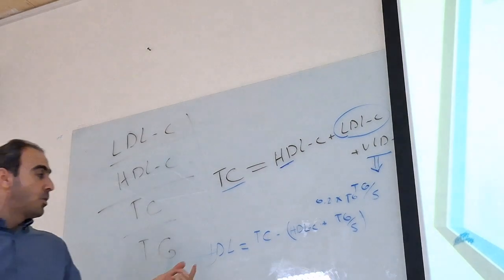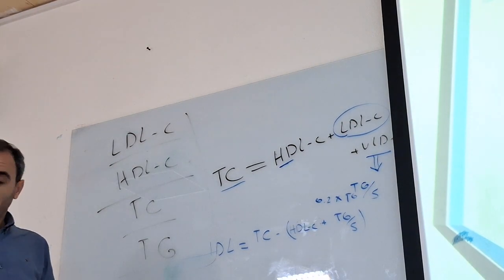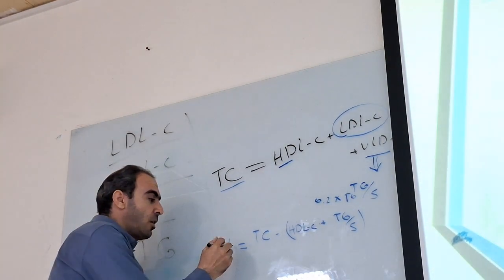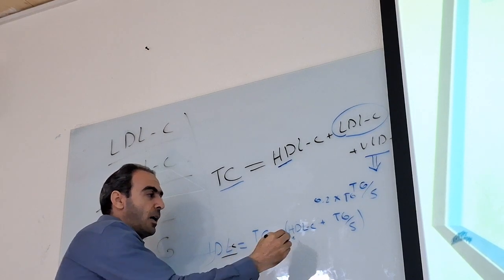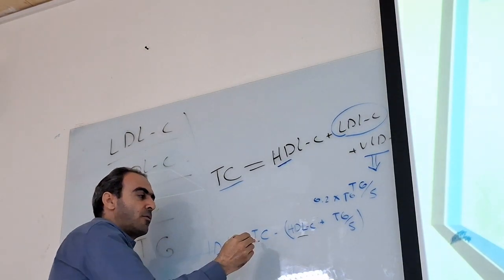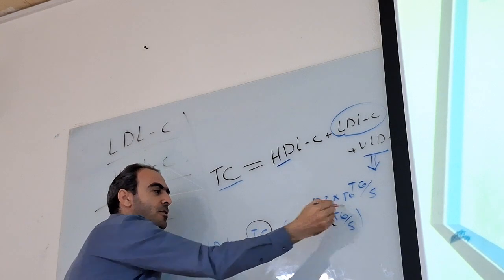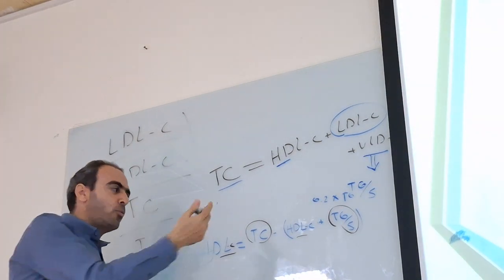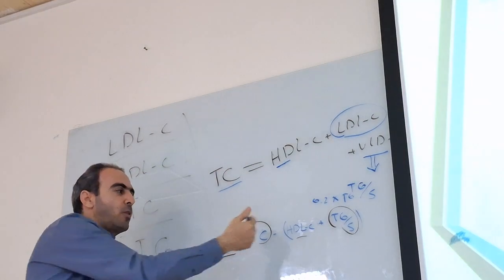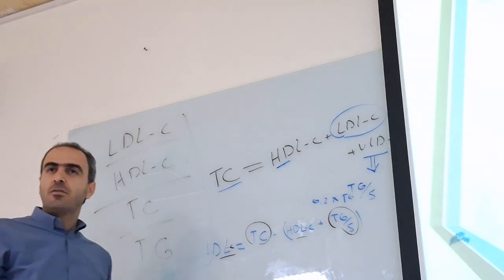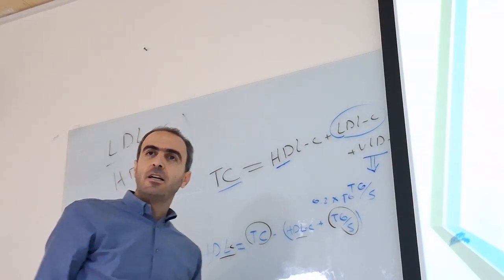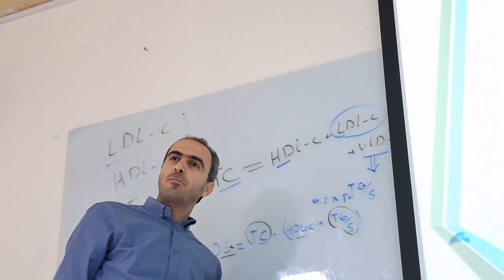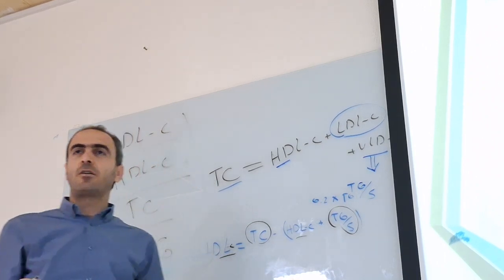So today we are going to measure LDL cholesterol and HDL cholesterol, but we don't have kits for total cholesterol and triglyceride, and we don't have time to measure that. But if you have them in the future, you can measure LDL directly and also by Friedewald. They should be similar.